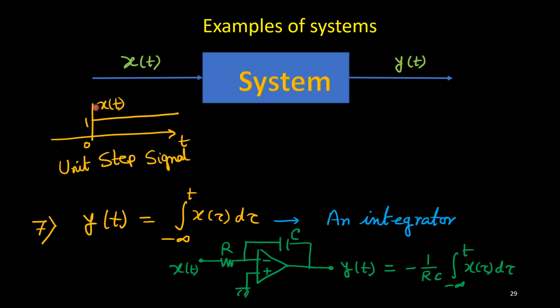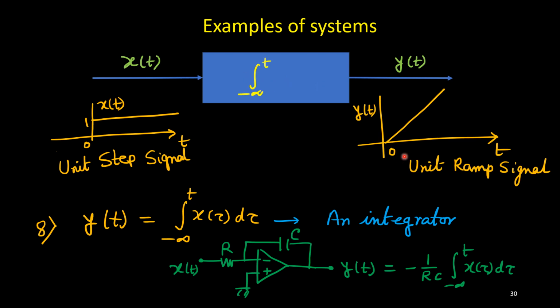So this is one integrator. If I apply a unit step signal to the input of this integrator, it is a constant, so if I integrate the constant 1, its integration is 1 times t. So you will find a ramp signal. It is continuously increasing; that is called the unit ramp signal. So if you apply a unit step signal at the input of the integrator, you will find a unit ramp signal at the output.